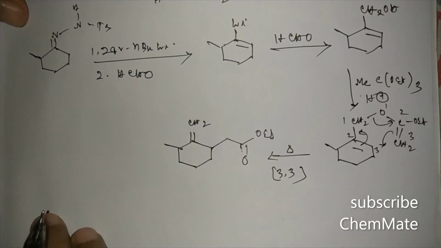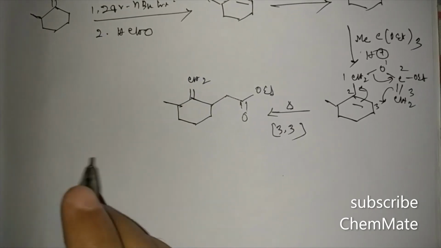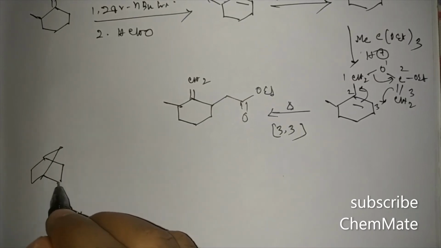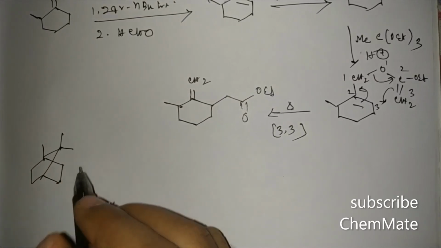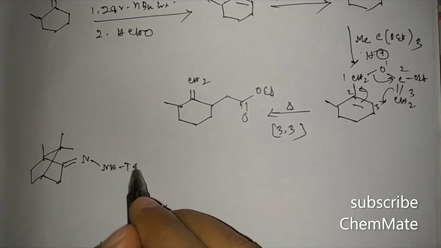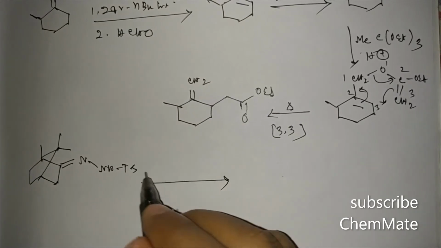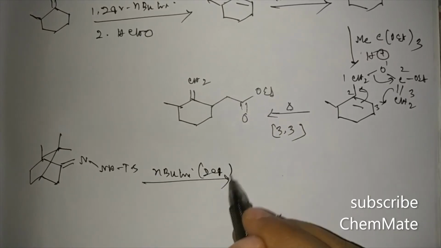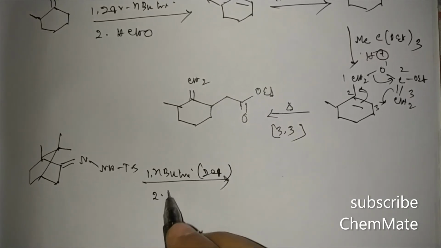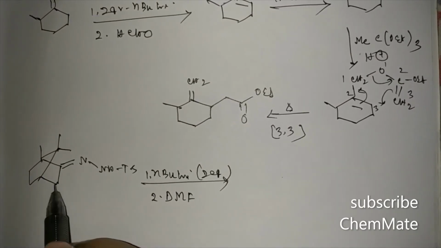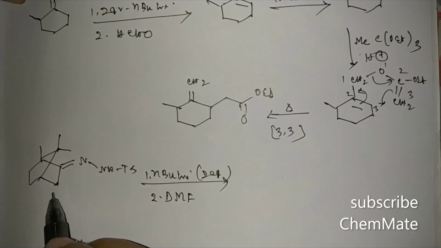Now we'll take another example that also came in the UGC CSIR-NET exam. Here is a bridged bicyclic system, and in this position the tosyl hydrazone will react with 2 equivalents of n-butyl lithium and then DMF, that is dimethylformamide. Here also only one possibility is there: proton abstraction from this side is possible only.